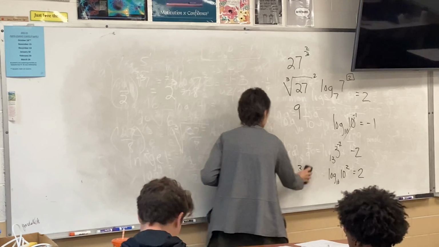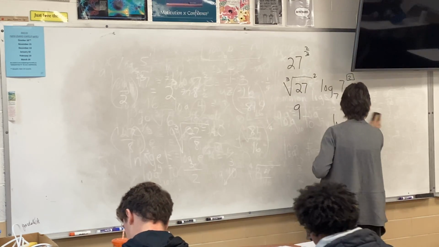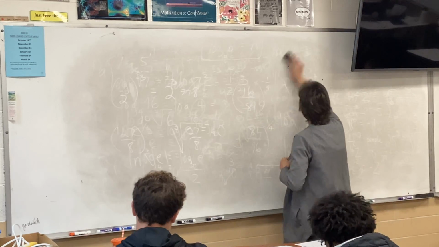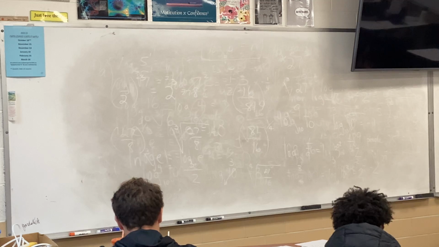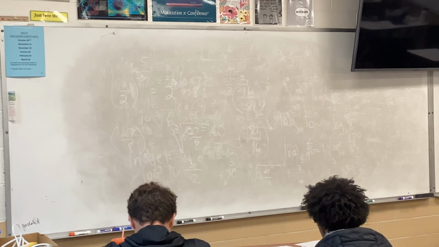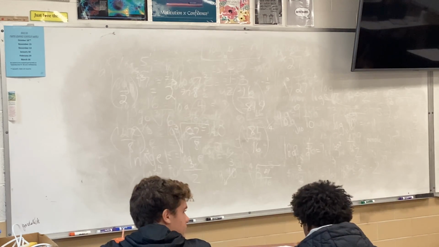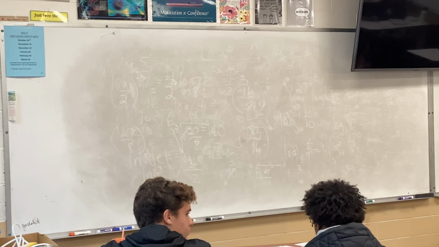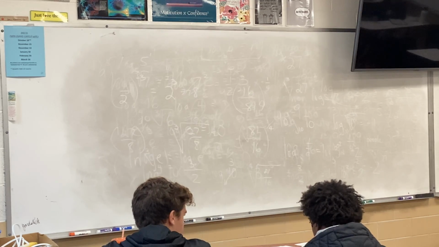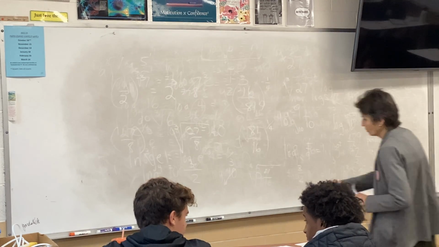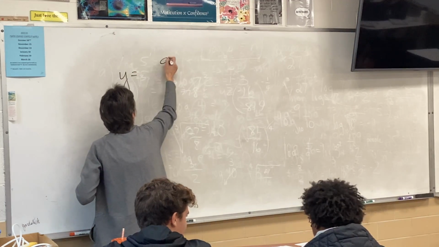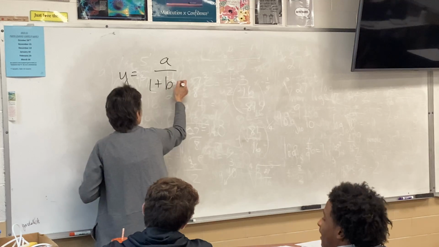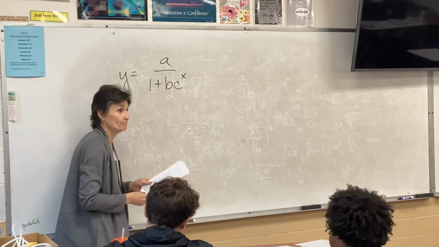So the first thing that has to pop through my head is, what in the world does a logistic function even look like? The form that we practice is y equals a over 1 plus bc to the x. Remember that?